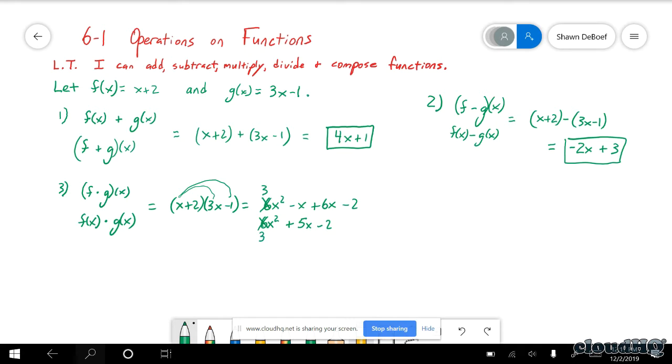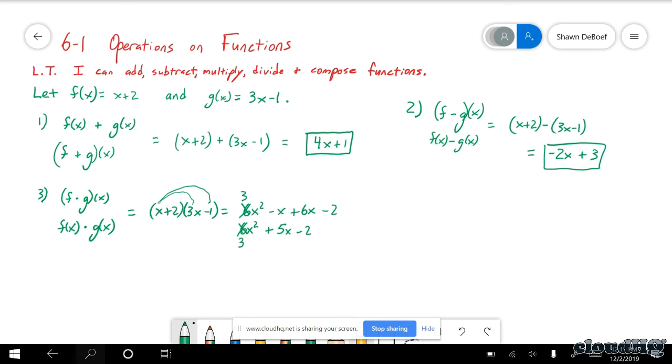That was supposed to be a 3. Thank you for that. 3x squared minus x plus 6x minus 2. So if I rewrote that, let me erase. 3x squared plus 5x minus 2. Okay. And then division, they're probably going to write it in fraction form.